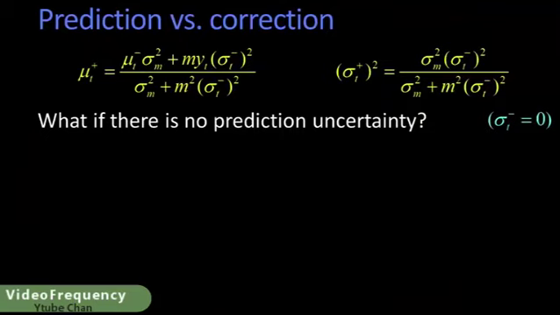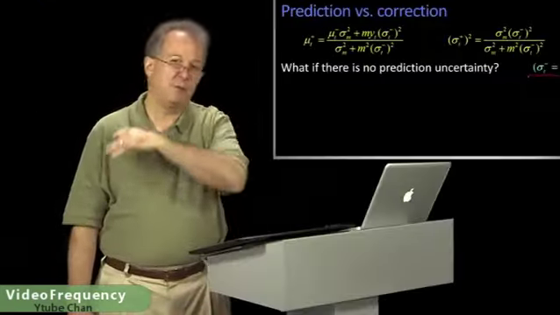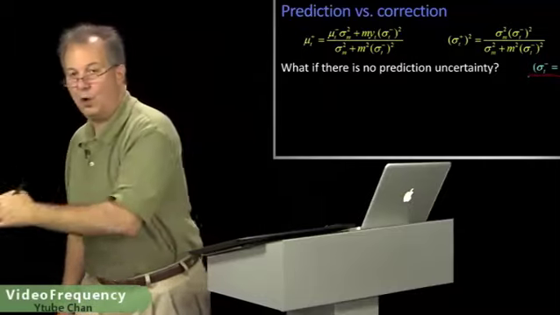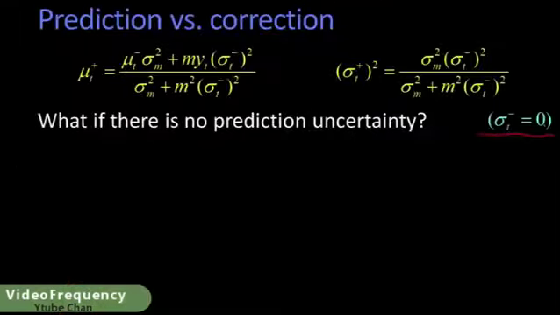So here are the expressions that we had before for the new mean and the new covariance. Suppose there's no uncertainty in the prediction. What that means is that sigma t minus equals 0. I don't know how that would have happened, but let's suppose you just know where this thing is. Then if this is 0, let's take a look over here.